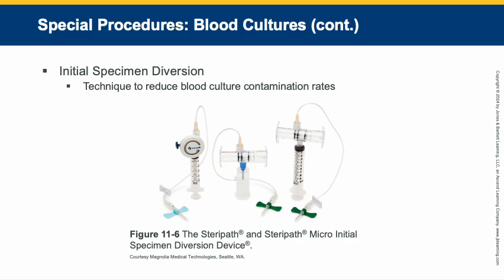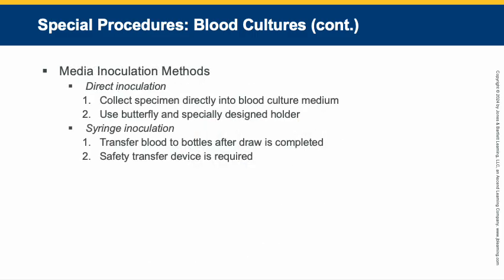But this is just a way to kind of eliminate some of that contamination. It's something that they made, man-made, in order to help eliminate it. That's the different things, the different companies and what they look like. They just hook onto the bottle and needle there.